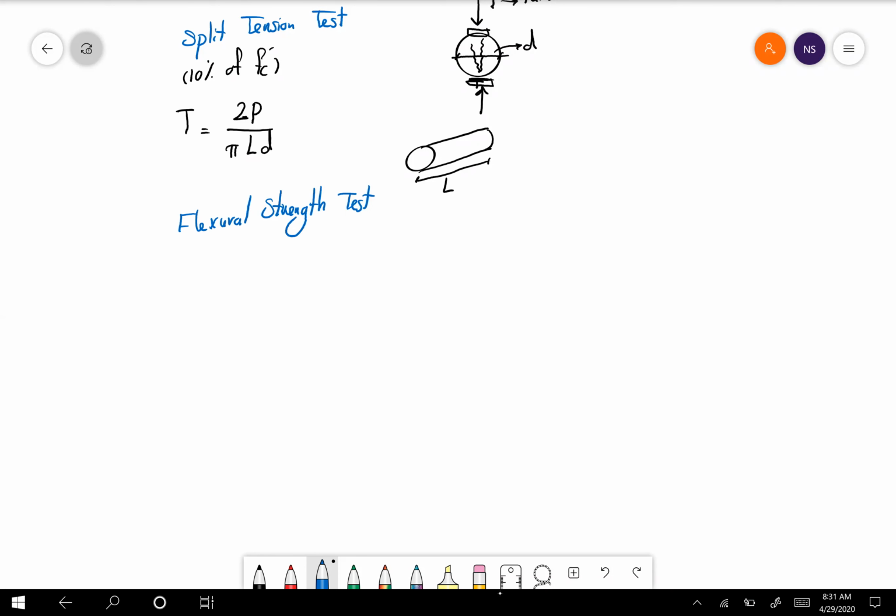And this is important mostly when you have fibers in your concrete, most of the time, and also for pavement applications.